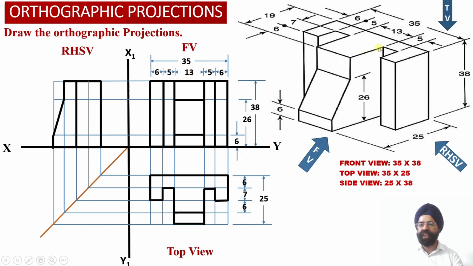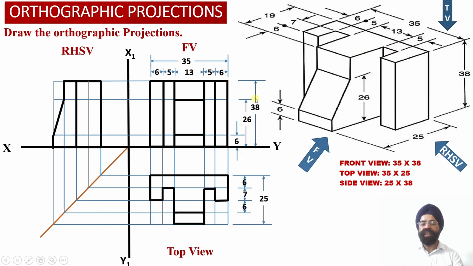This portion of the surface, which is lying on the other side of the slot, that is up to a distance of 7 millimeter from this face, is not visible to the observer. So we have to draw a dotted line projection over here corresponding to a distance of 6 millimeter from the rear face of the solid.